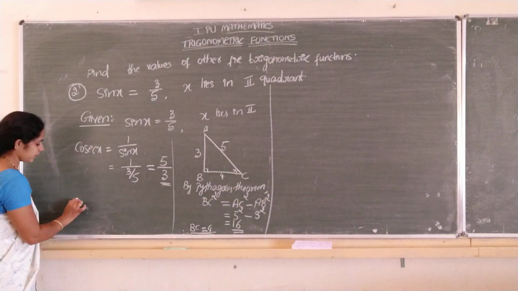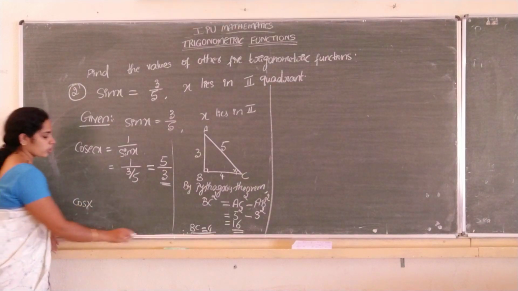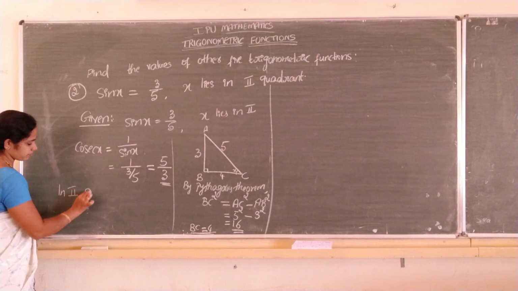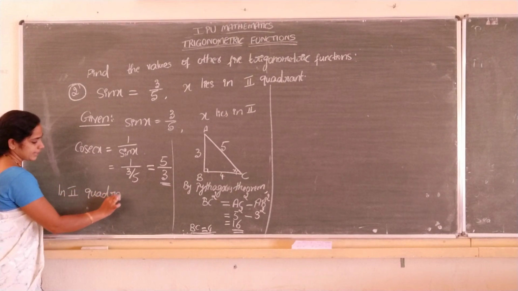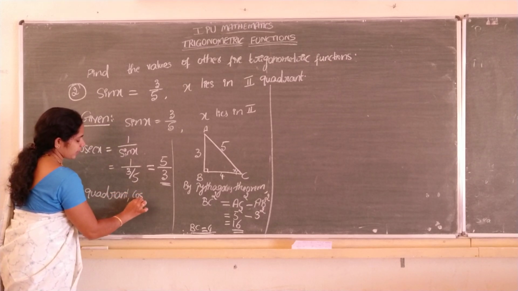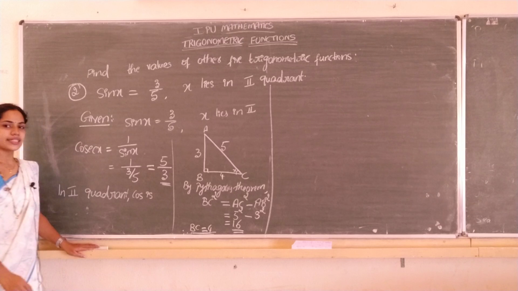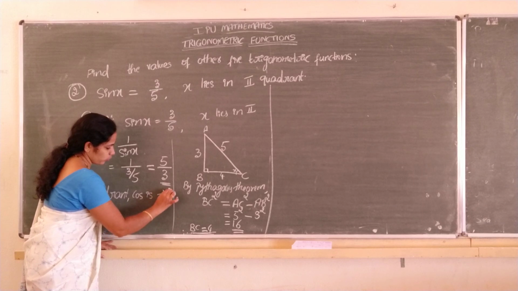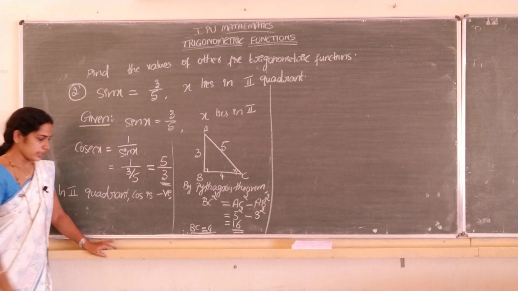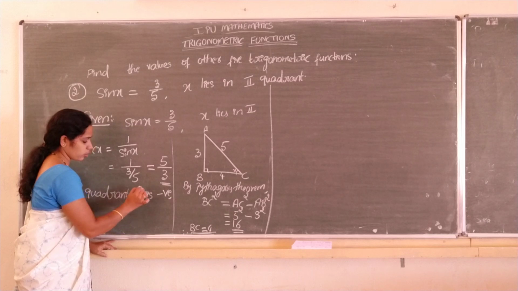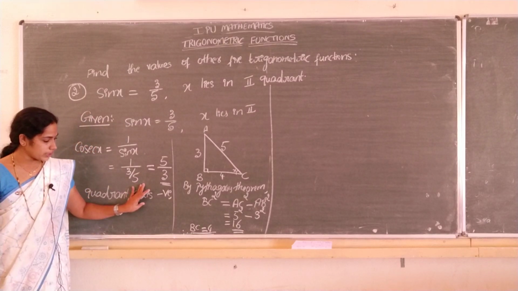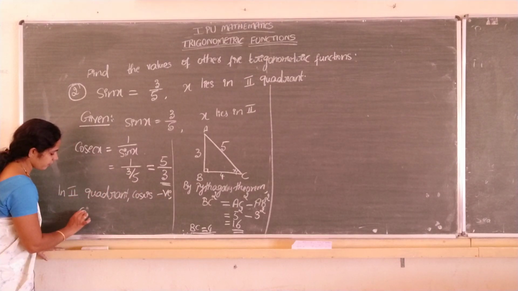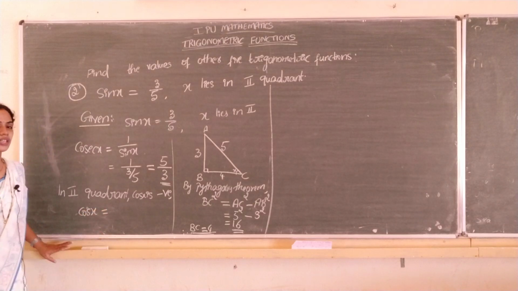Then which one we need? We need cos x. Correct? Cos x in which quadrant? In the second quadrant. In the second quadrant, what is the sign of cos x? In the second quadrant, cosine function or cos is negative. Correct? So we can define cos x as, how can we define?